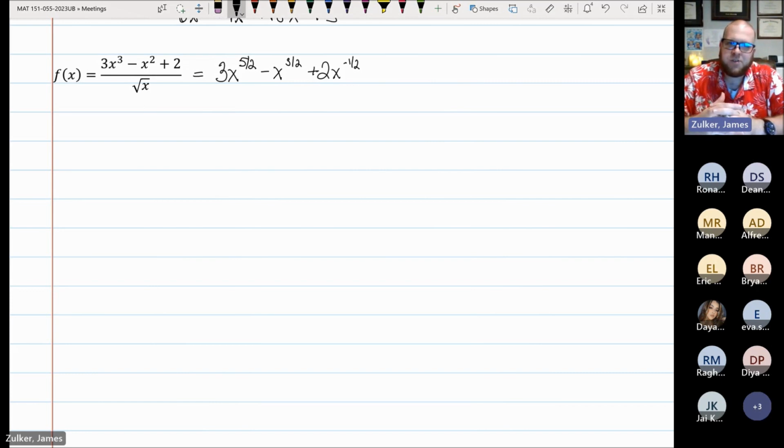Simplify this function first. Now take its derivative.